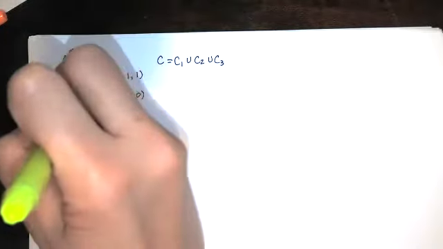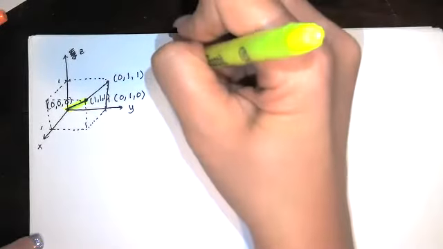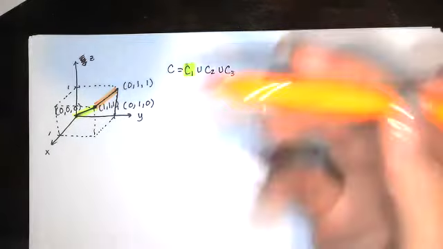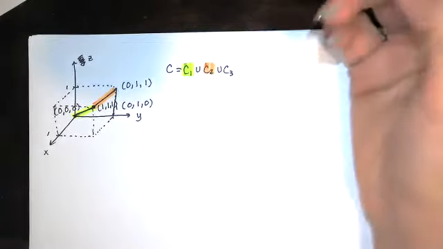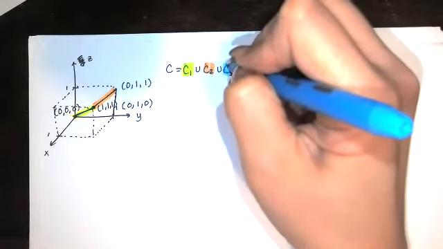In C1, I'll make the one from 0, 0, 0 out to 1, 1, 1. C2, I'll make that next little line segment. And then C3 will be the third one. The principle is exactly the same as it was in 2D.